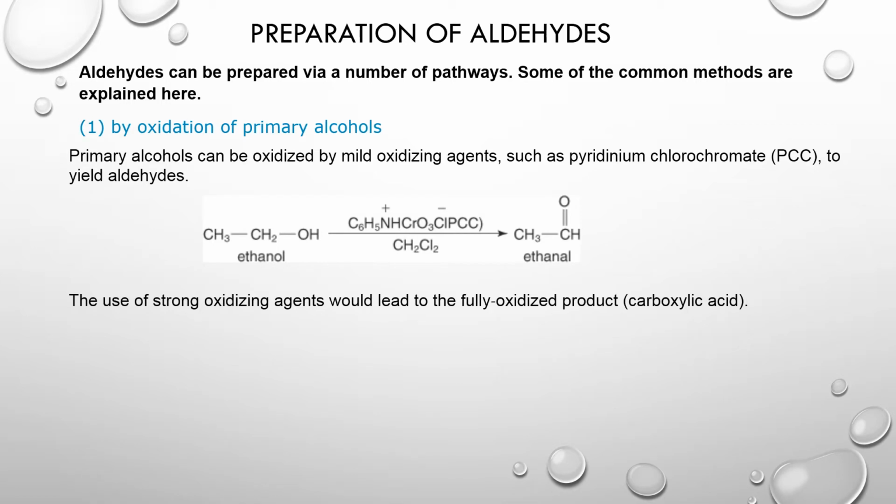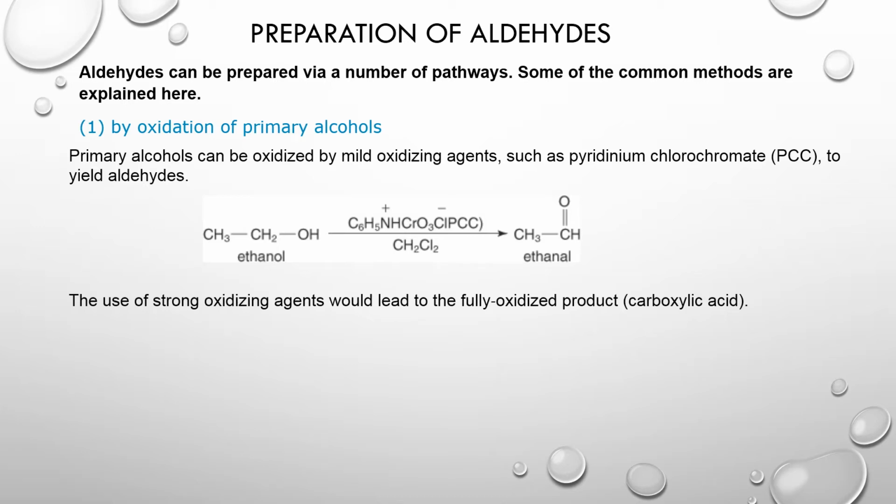A primary alcohol like ethanol is oxidized to give ethanal, by a mild oxidizing agent only. In the presence of a mild oxidizing agent, alcohol is converted into aldehyde, such as pyridinium chlorochromate (PCC) to yield aldehydes.